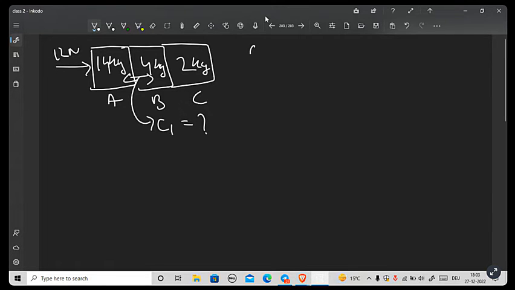Also give me the net acceleration. Okay, this is the first part. You also have to calculate A net, the net acceleration. Simple.